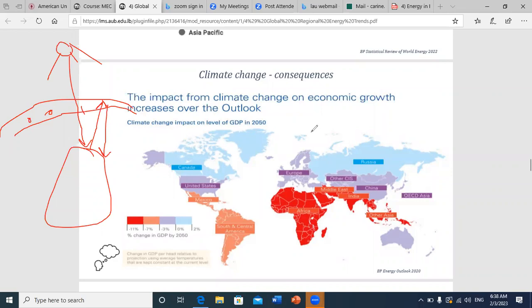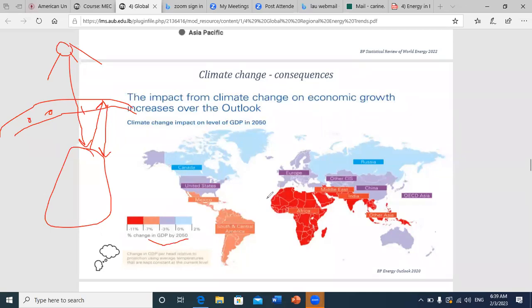for cooling purposes, etc. So here we can observe some expectation for the climate change level in 2050. And we can see that we have an increase in temperature, which will reduce the GDP in a lot of countries, especially in countries already characterized by high temperatures.